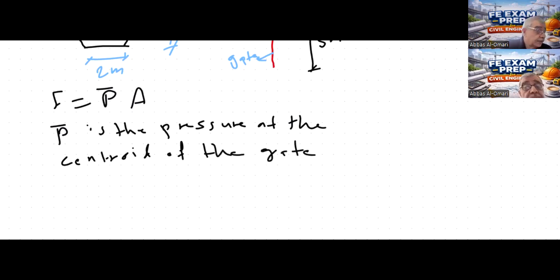So P at the centroid equals gamma Y bar, where Y bar is the centroid of the gate. So we want to determine Y bar. We want to determine the centroid of the gate. It is a trapezoidal gate.